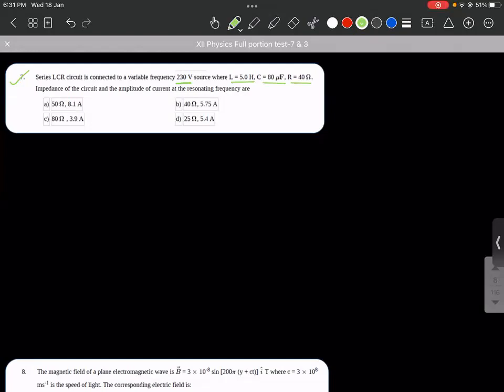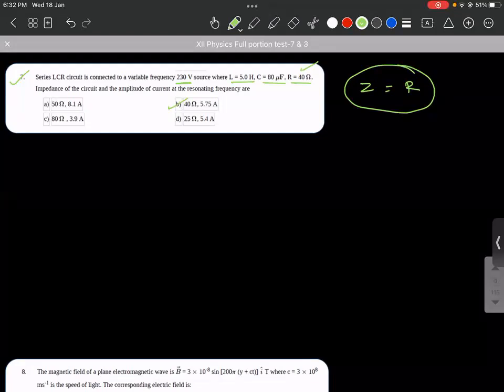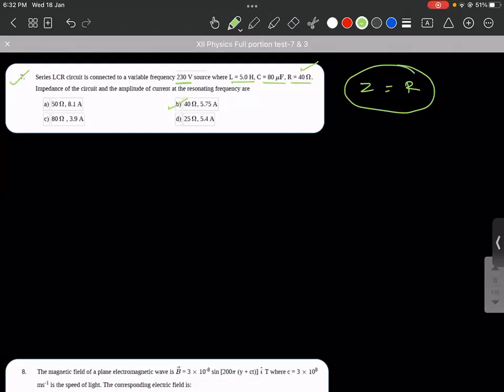No, sir. Because at resonating frequency, how will the LCR circuit behave? Like a purely resistive circuit. So Z will be equal to R, 40. What is the option? All right. If you had 240s in the question, then maybe you should have solved it.